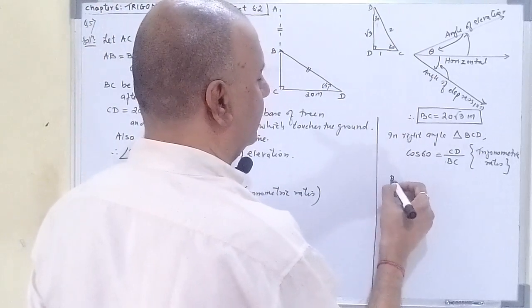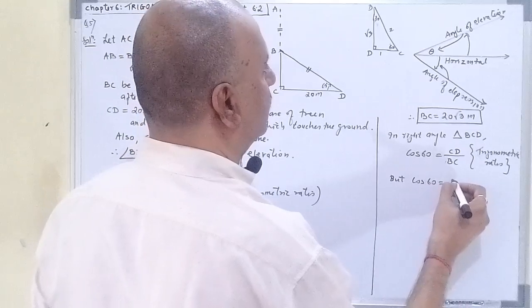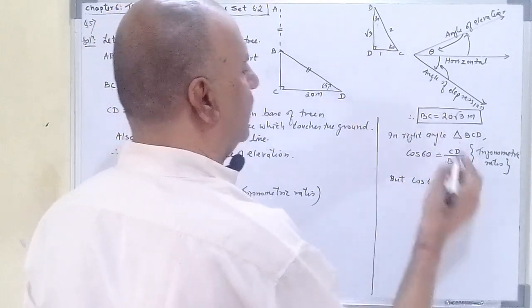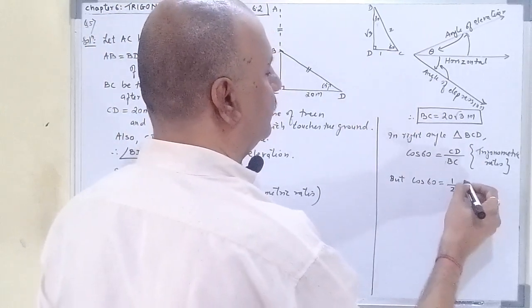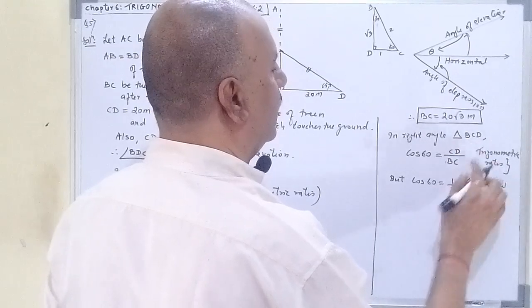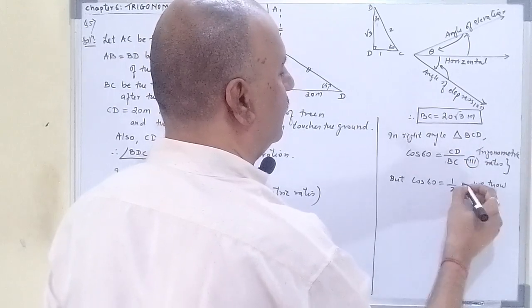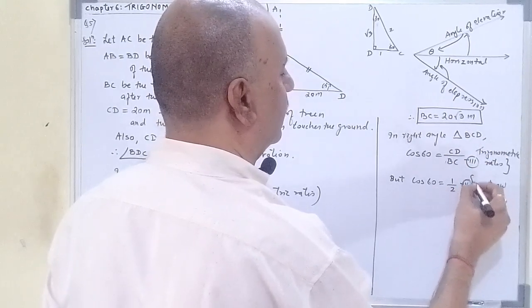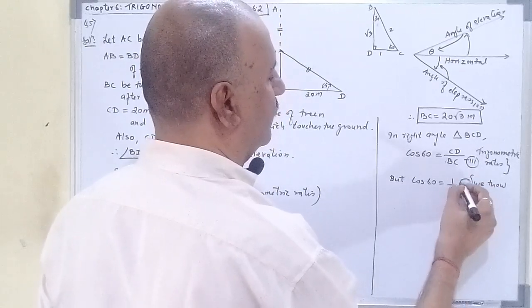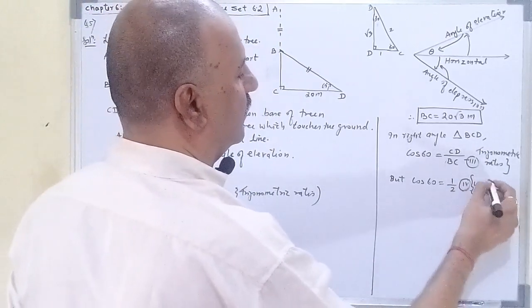But cos 60 is 1 upon 2. This is the third, and this was the fourth.